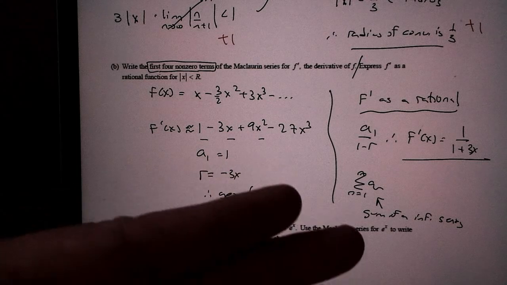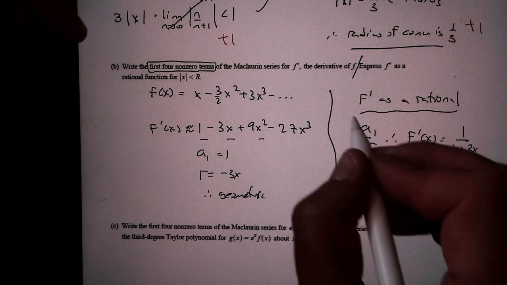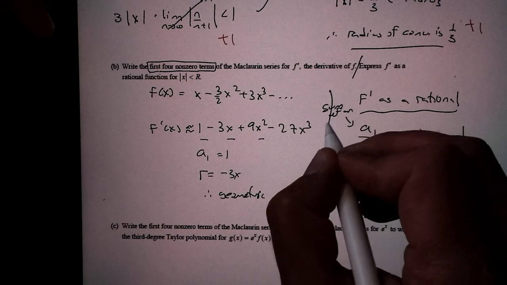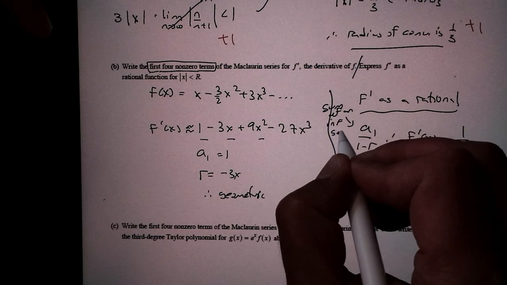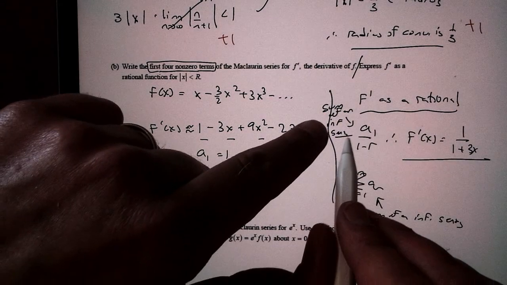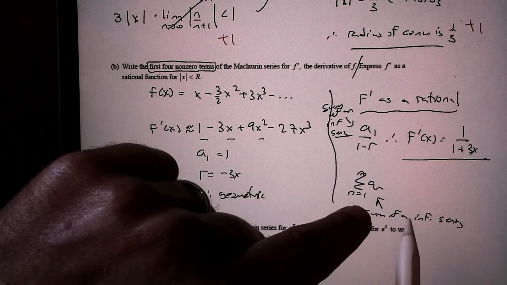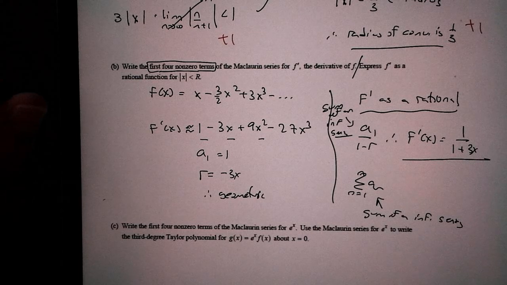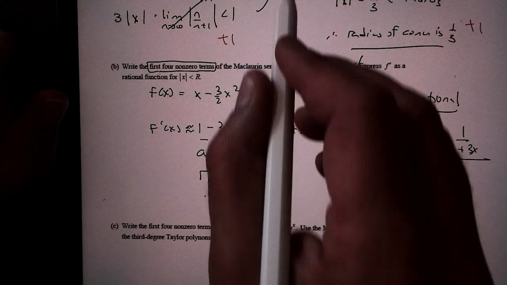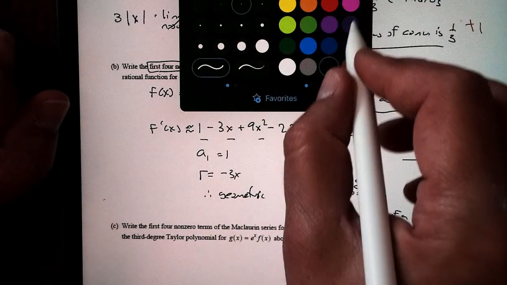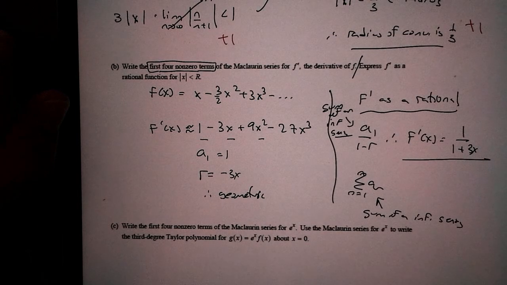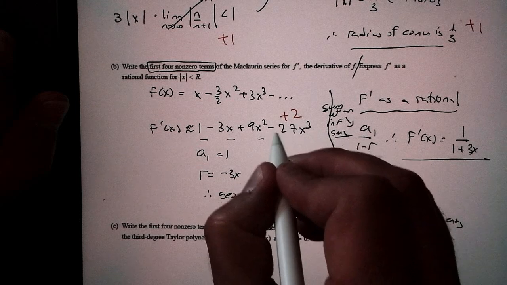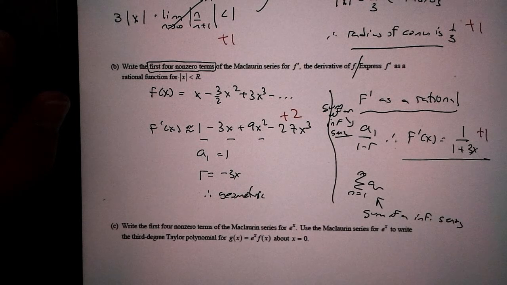If it's geometric, I can use my little shortcut to write the function out. And there we have that. All right. So how many points would this be worth? You would get 2 points for the first 4 non-zero terms, 2 points here, and then 1 point for your answer right here.